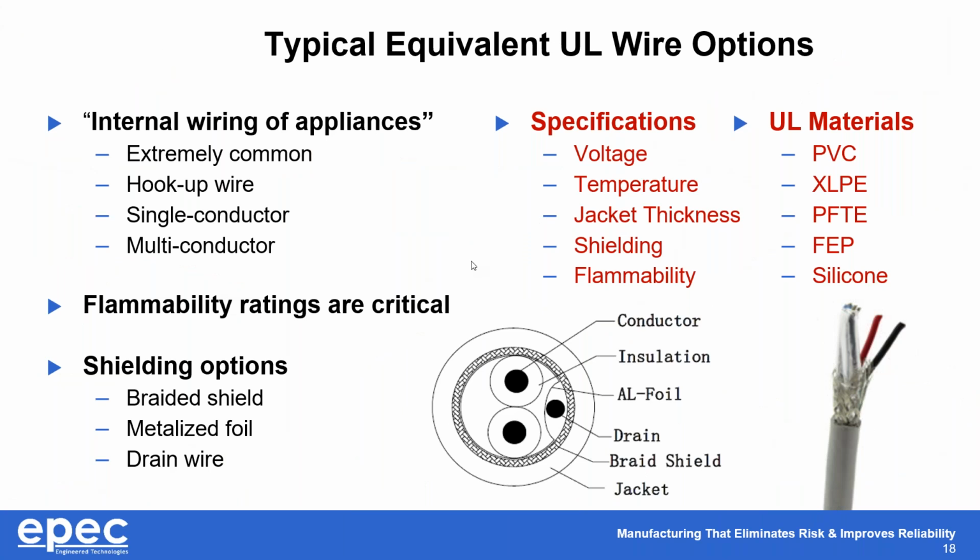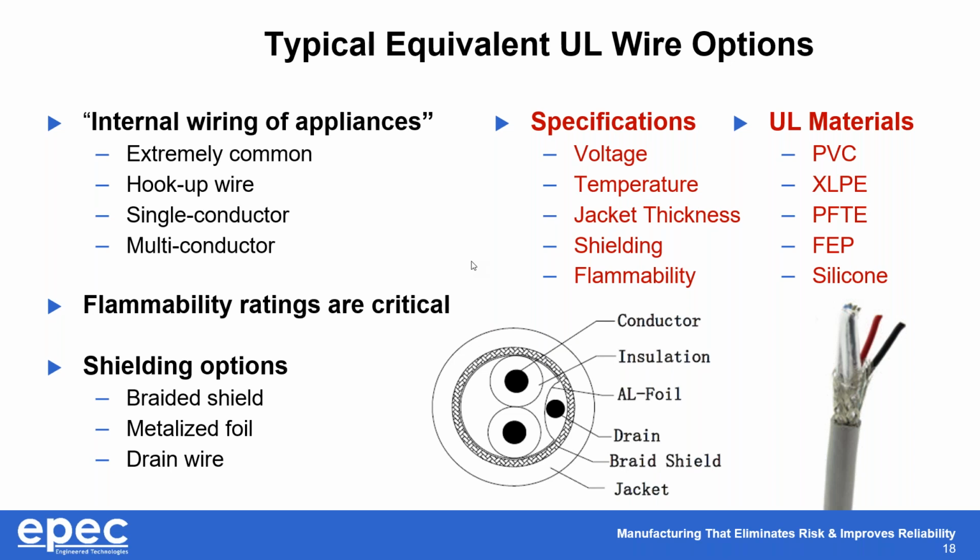So it's not just components and connectors that we have equivalent options for. As I said before, we extrude our own UL wire. That, by definition, is equivalent to some of the UL name brand wires that you can get from the likes of Mouser and DigiKey. The most common for us, as I said before, have PVC insulation and jacket materials, but there's several other UL rated materials that we can support.